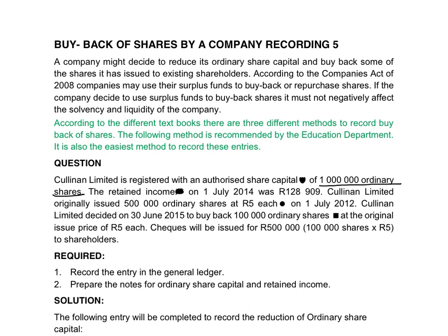The retained income is the profits that the company kept back in the business that they didn't pay out to the shareholders in the form of dividends. So at the beginning of the financial year, this retained income was 128,909.